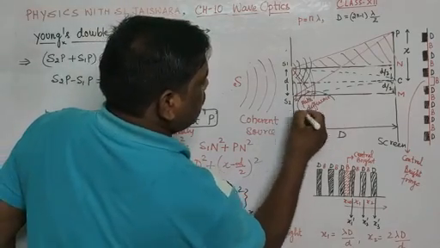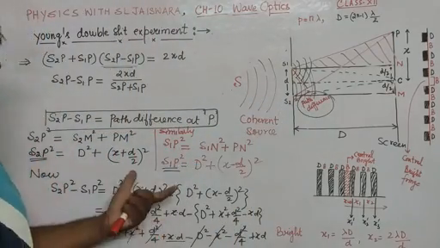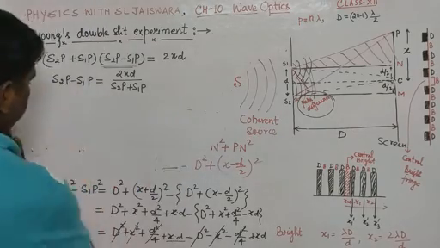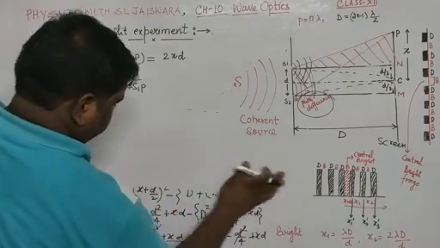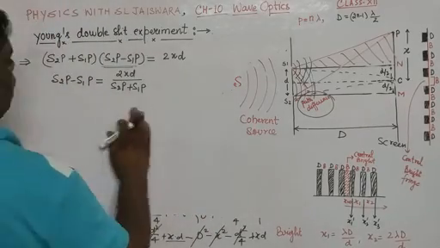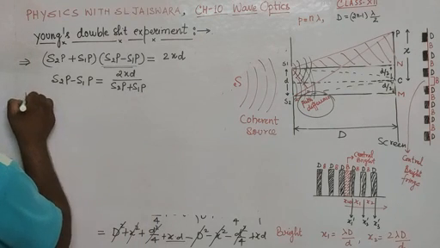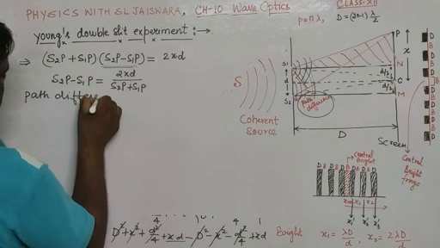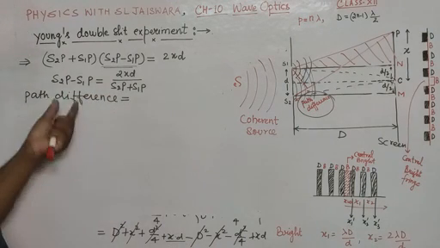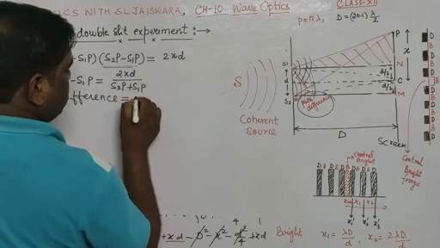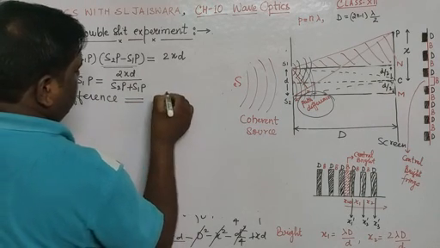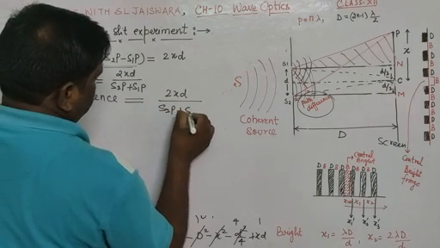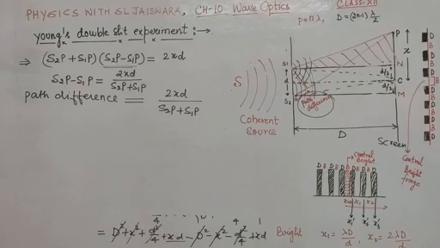This is the path difference that we want to calculate. So further we can write, path difference will be S2P minus S1P, and path difference is equal to 2xd upon S2P plus S1P. Got my point?